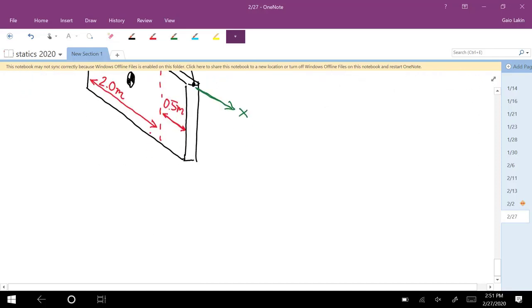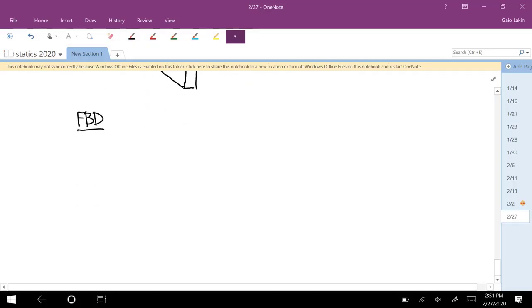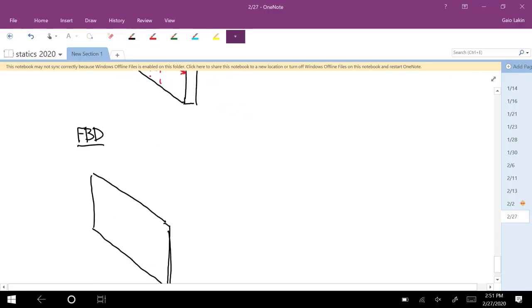Okay, so let's draw a free body diagram. These can be a little tricky in 3D. So I'm just going to draw it like something with no thickness. Okay, and what are the loads that are applied?